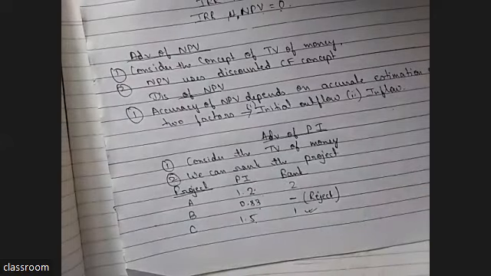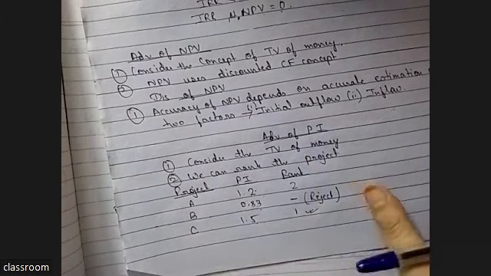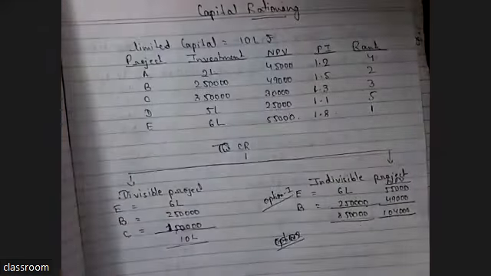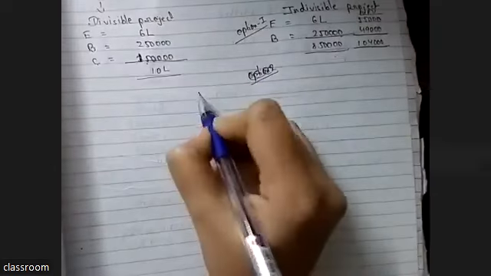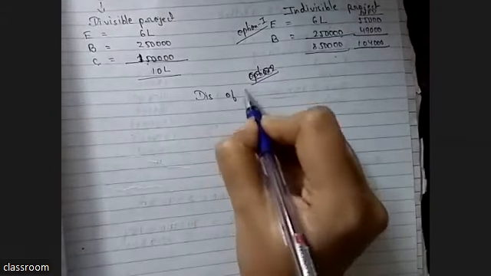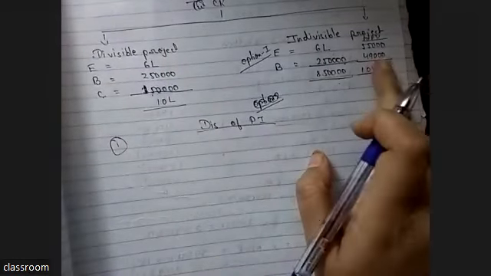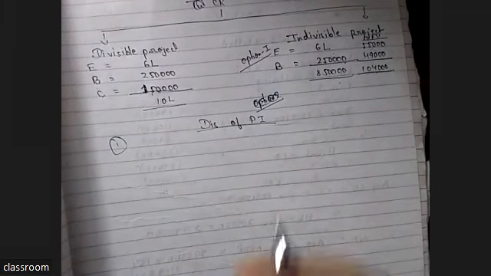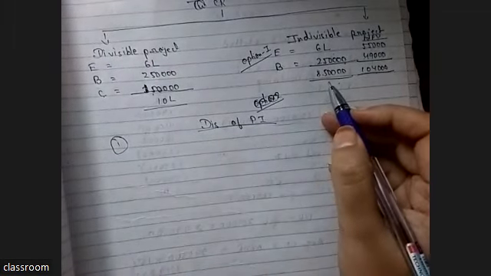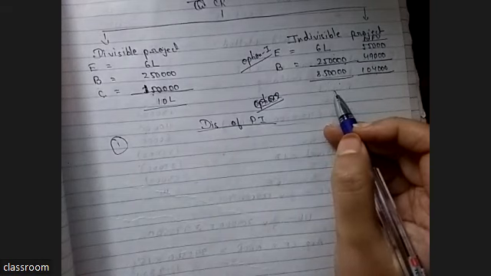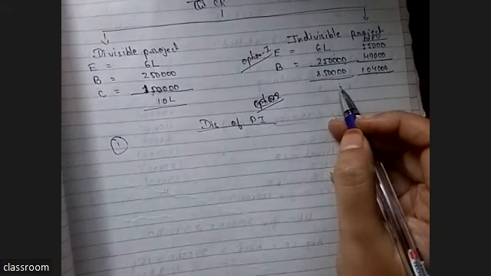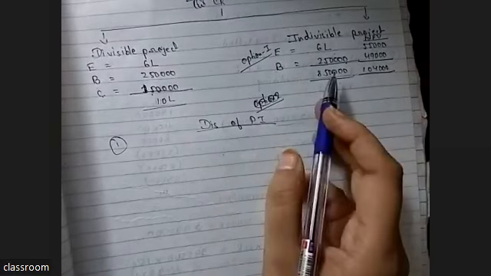If we talk about advantages, there are only these two: it considers time value of money, and we rank the projects with the help of PI. But if anyone asks you what is the disadvantage of PI, PI fails as a guide in case of indivisible projects because we can't use our full resource. We have wasted our 1,50,000 resource in this case. So PI is not a good guide in case of indivisible projects.